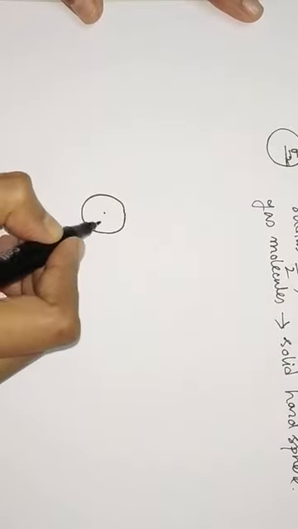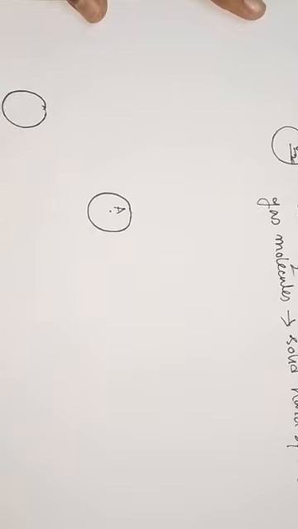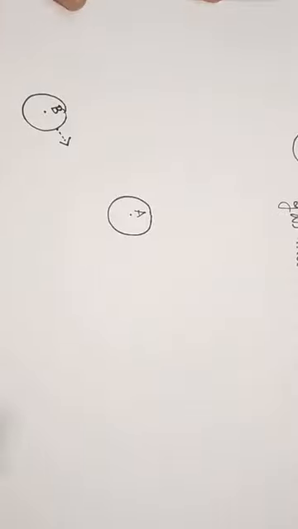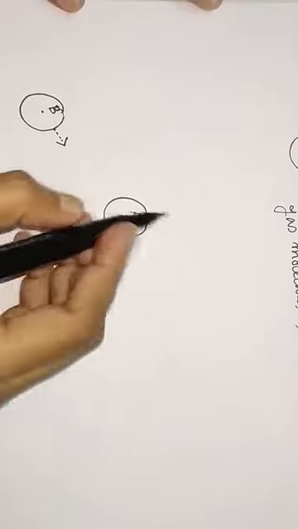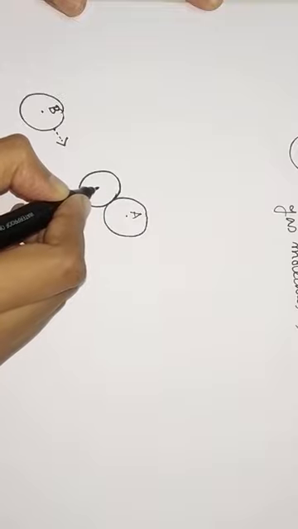This is the center of the gas molecule and let us name it A. Now suppose there is another identical gas molecule B, and it is moving towards molecule A. At this moment there is no contact or collision between molecule A and molecule B, but as molecule B is moving towards molecule A, eventually there will be a collision.